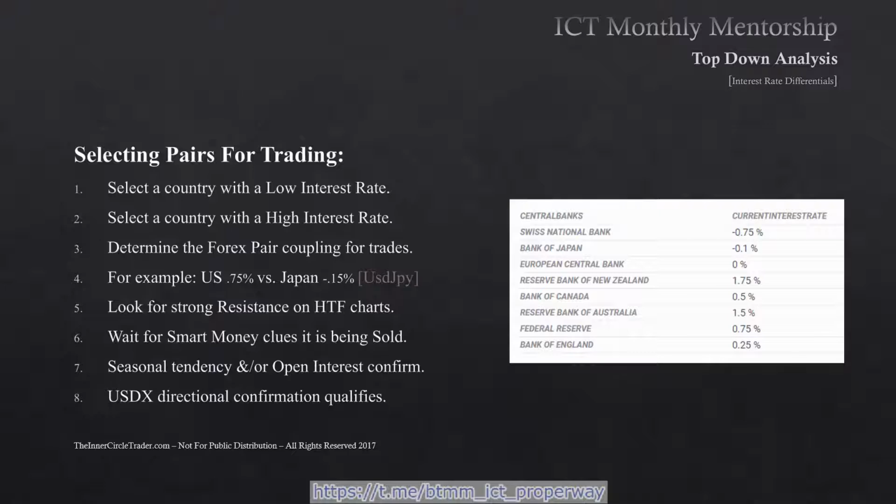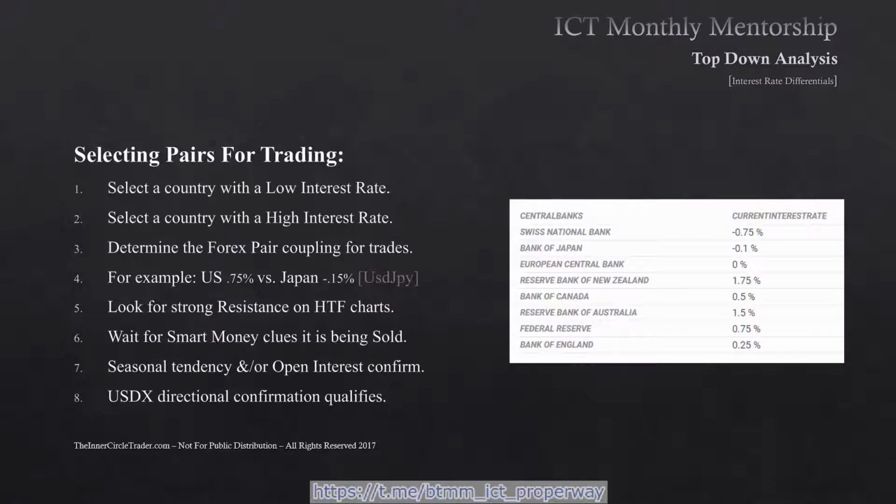So if we have the expectation that the weaker currency is the Japanese yen, based on interest rates, against the stronger of the two, the dollar, which has the higher yielding central bank rate, we're going to see that US dollar versus Japanese yen pair go higher because you're buying dollar and selling yen.